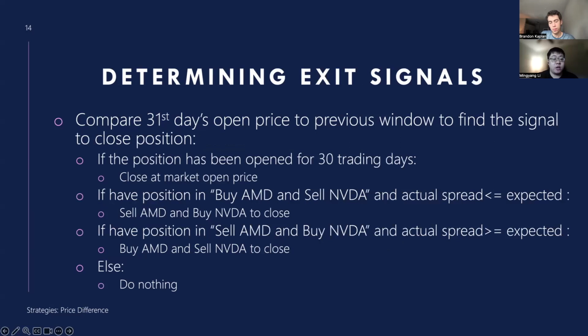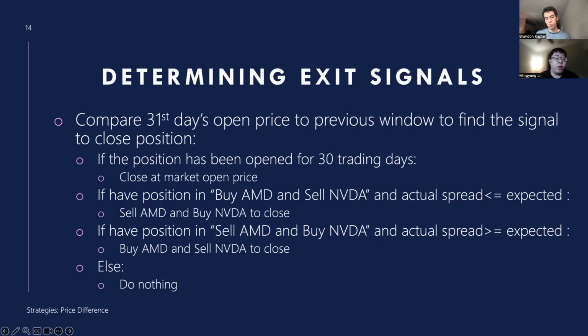And for the exit signals, the logic is the same. We compare the 31st day's open price to the previous window to find the exit signals to close our position. If the position has been open for 30 trading days, we will close it at the 31st market open price. If we already have a position in buy AMD and sell NVIDIA, and the actual spread is less than or equal to the expected exit price spread, we will sell AMD and buy NVIDIA to close our position.